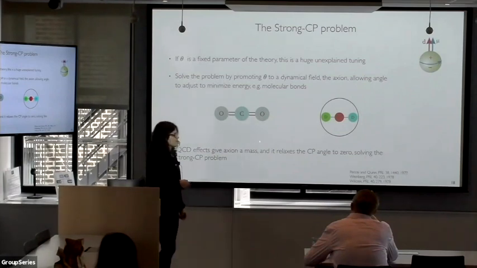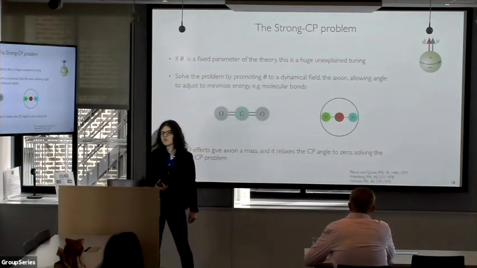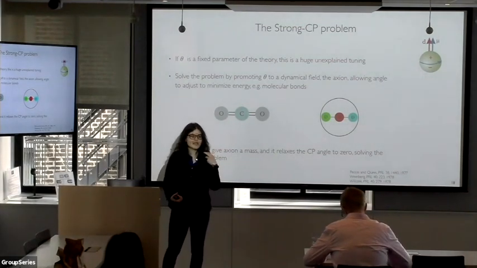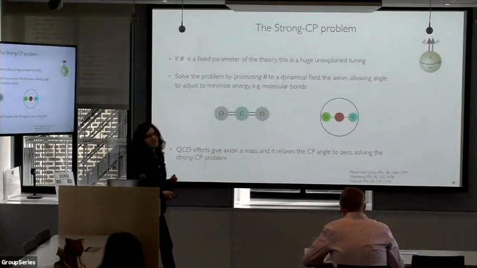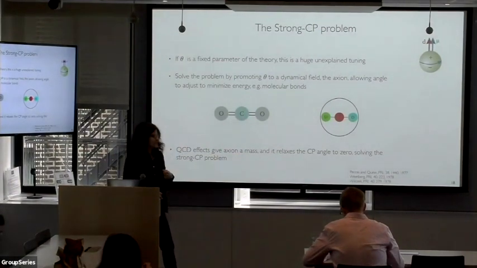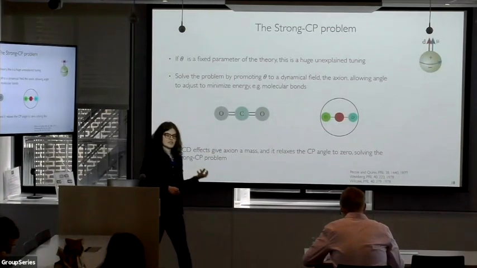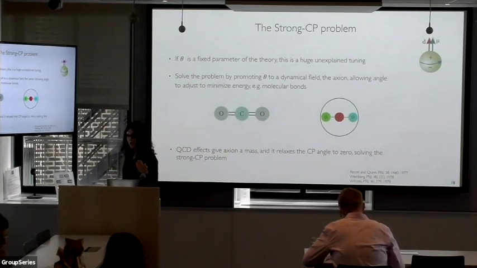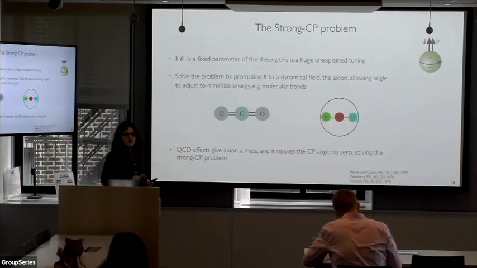If the theta parameter of the standard model is also a dynamical field, it can relax to its minimum, which turns out to be the value where CP is not violated or is not manifested in the strong interactions. So this theta angle has become known as the QCD axion. It's this light particle which explains why there's no electric dipole moment of the neutron and comes with many observable consequences.